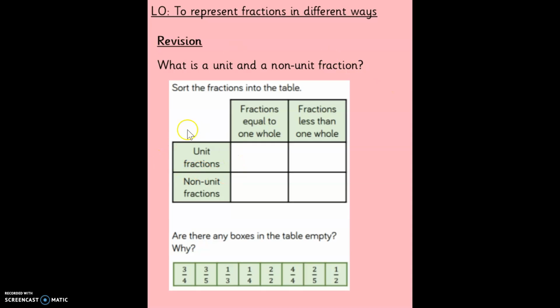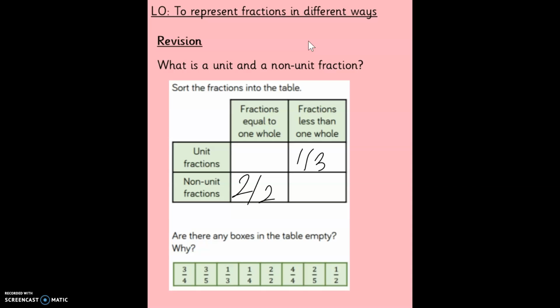So for example, a unit fraction, which we know can only have 1 as a numerator, and a fraction that is less than 1 whole, less than 1. Okay, so in there I could put 1/3. Okay, in the non-unit fractions, a fraction that is equal to 1 whole, I could put 2/2, because 2 is bigger than 1, which means it's no longer a unit fraction.